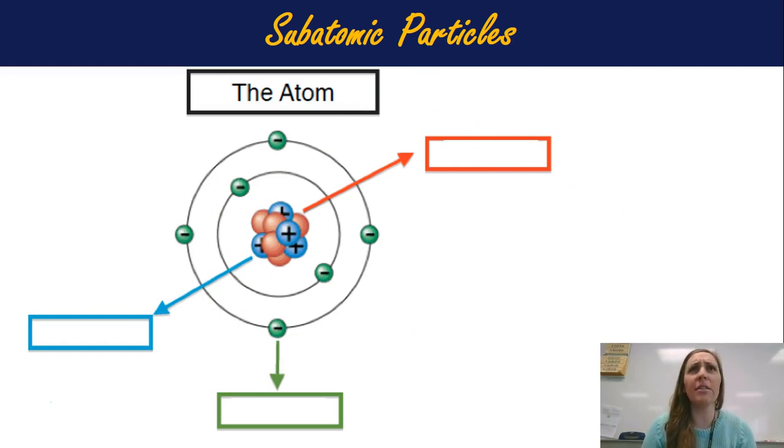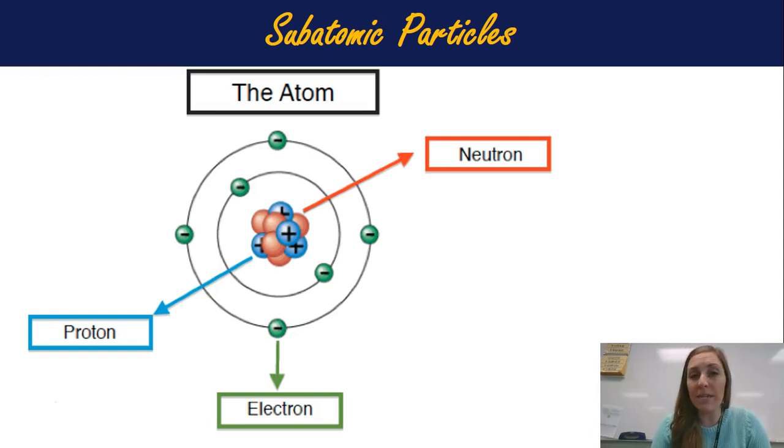Now, there are other things that you might hear about if you read some more advanced physics, but for the scope of this course, we care about the three main subatomic particles. So we have the protons, the neutrons, and the electrons. And we're going to go through each one of these and the basic details that you need to know about the protons, neutrons, and electrons. But those are your three subatomic particles, those little pieces or particles that make up the atom.